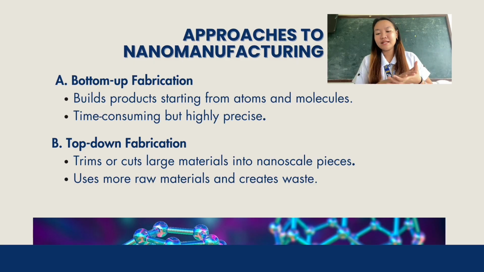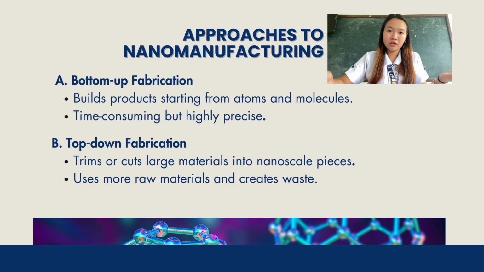This means that a bigger material is shaped into nanoscale dimensions using tools such as lasers, etching machines, or milling devices. It works similarly to sculpting, removing parts of the material until only the nano-sized portion remains.